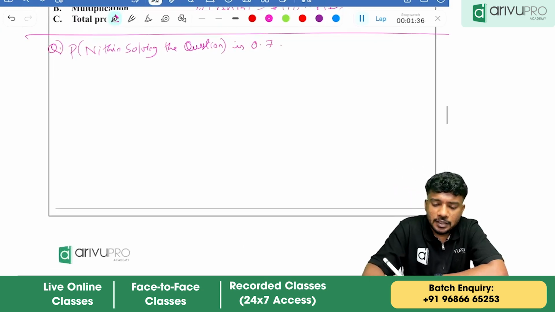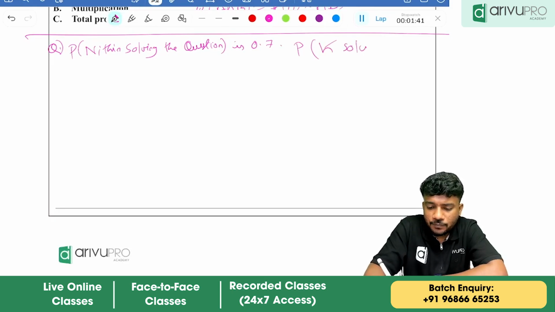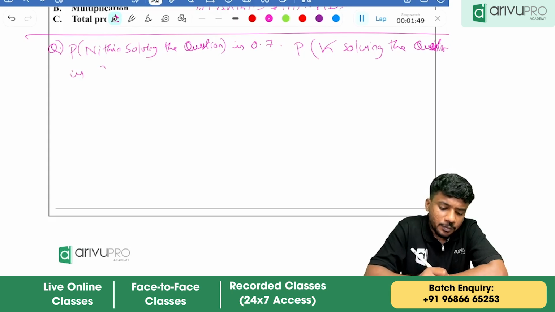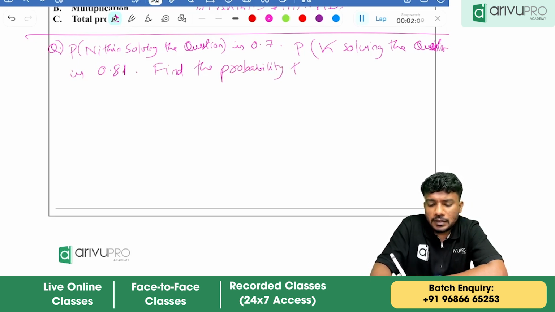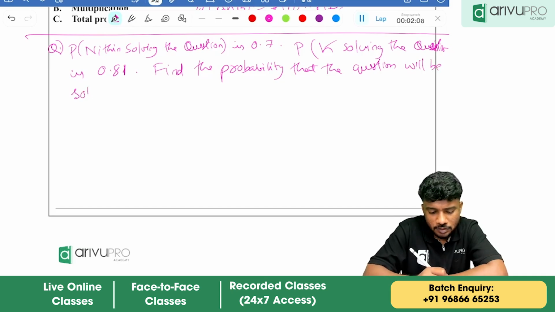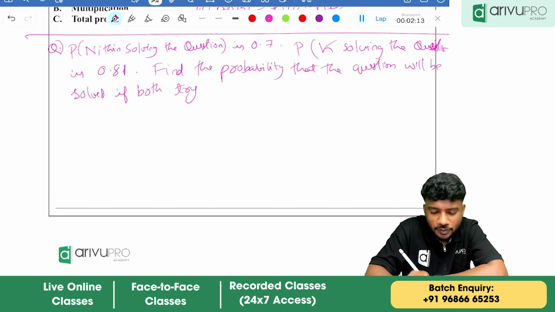Probability of Kanishk solving the question is 0.81. Find the probability that the question will be solved if both try.